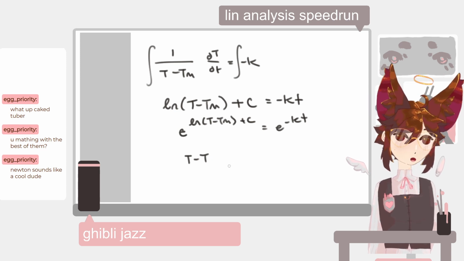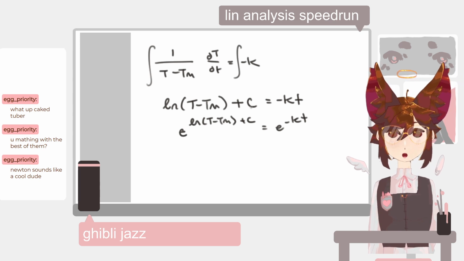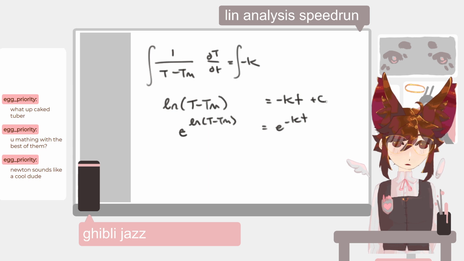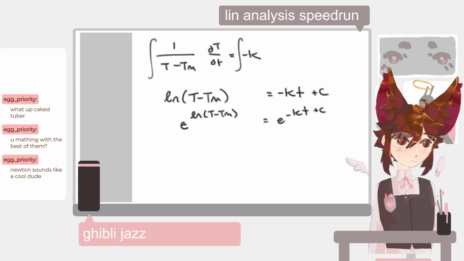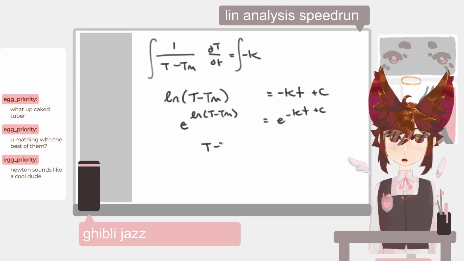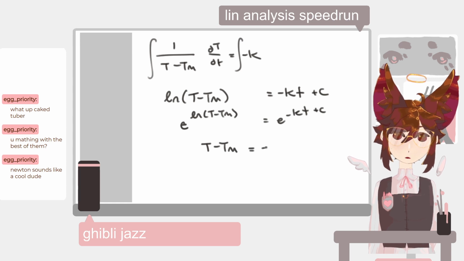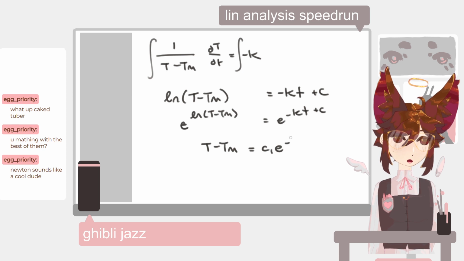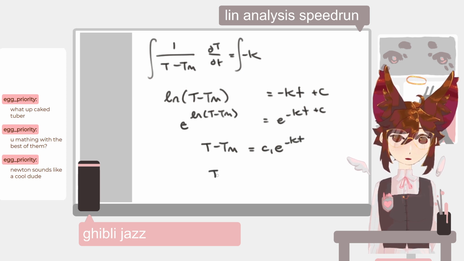Actually, you know what, let me move this c over to the other side, and that can save me a little step here. So on this side we get t minus tm equals, now we can bring this down and make it c1 e to the negative kt, and then we just solve. Look at that.